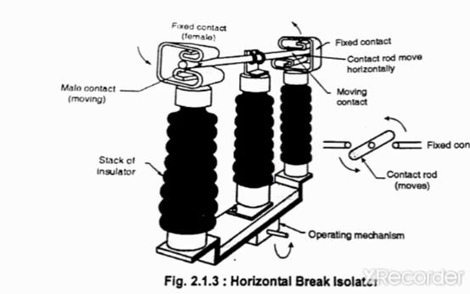The handle is used for opening and closing the contact. When the signal is given, the moving contact moves in the horizontal direction. Therefore, it is called a horizontal break isolator. This is used up to 66 kV and this is costly as compared to the vertical break isolator.